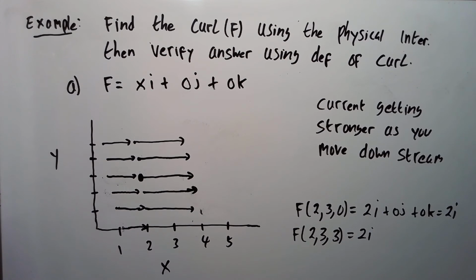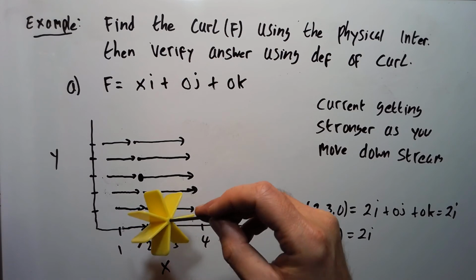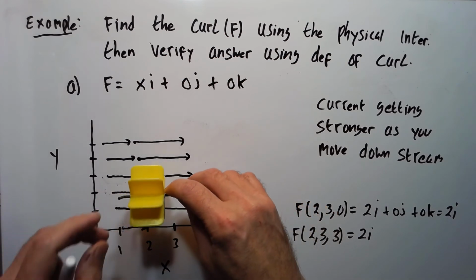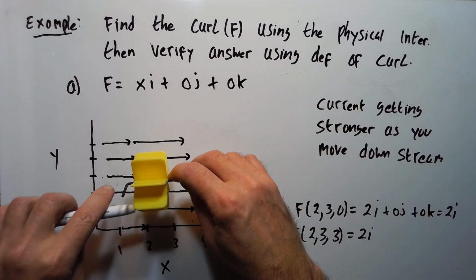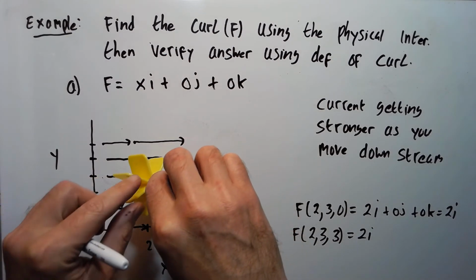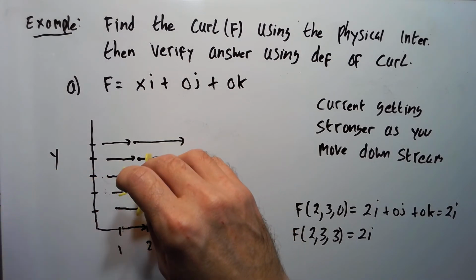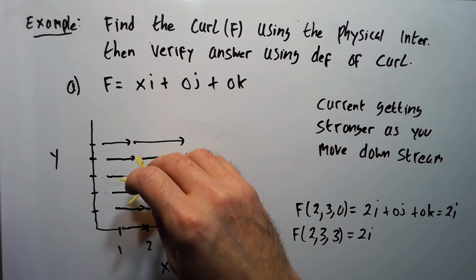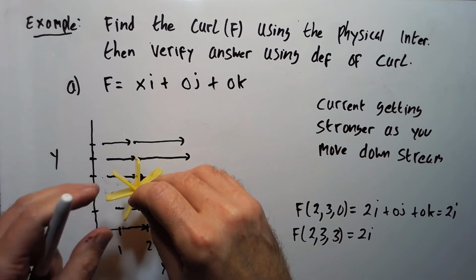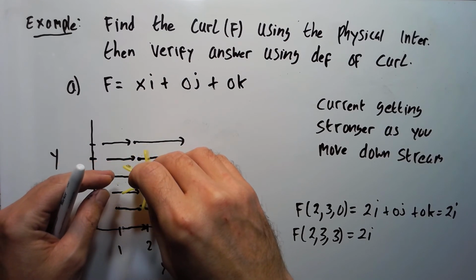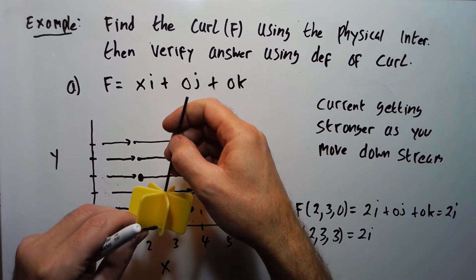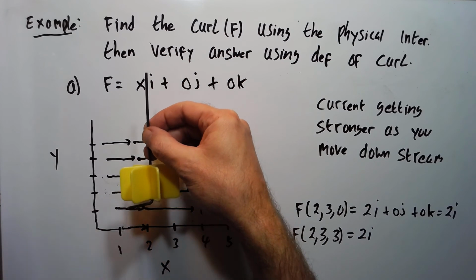So where would we have to position our wheel? Well, if I position the wheel this way, for sure it wouldn't spin because the current would be hitting it this way. So it's going to have to be in this direction somewhere. Actually, this way looks like it would be the best way.